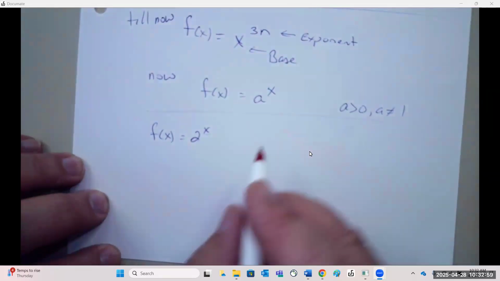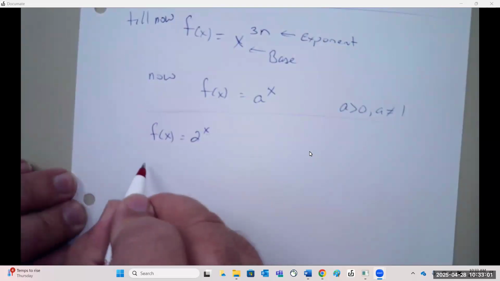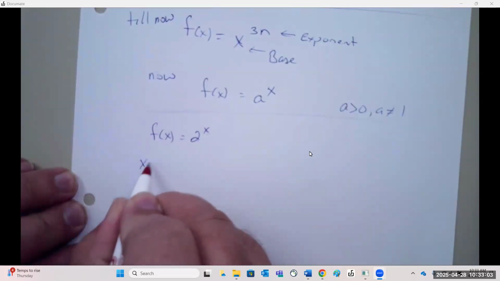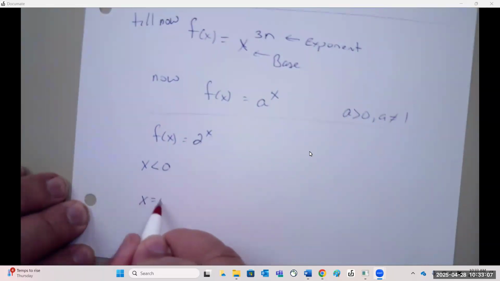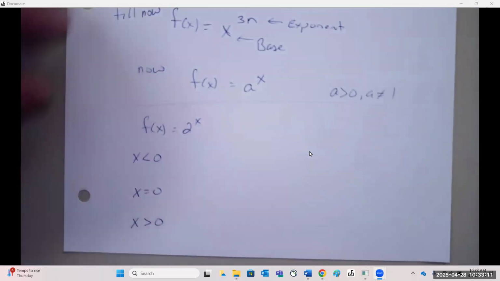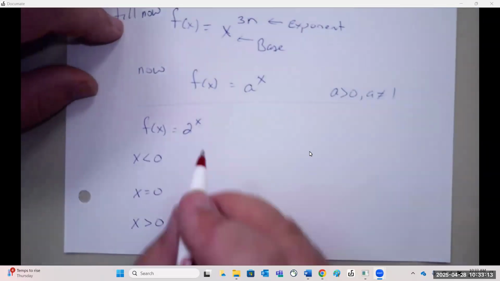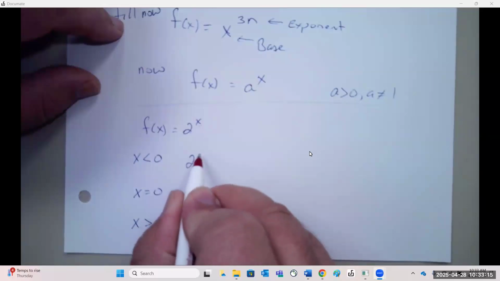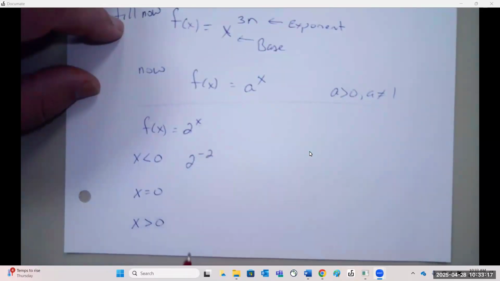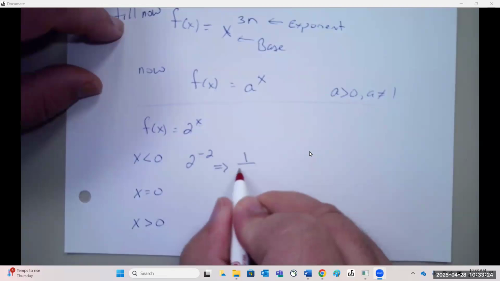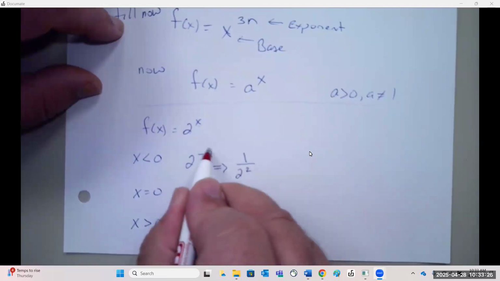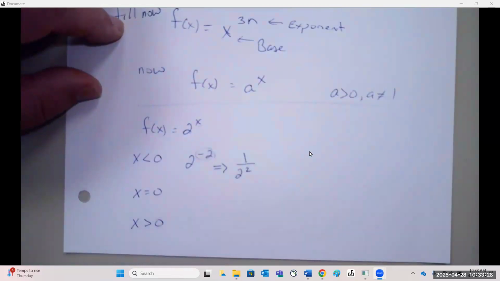So what this says, we have to look at 3 parts here: x being negative, x equals 0, and x being positive. So 2 to the power negative 2 is the same as 1 over 2 squared, because when you have a negative exponent, you change the position.